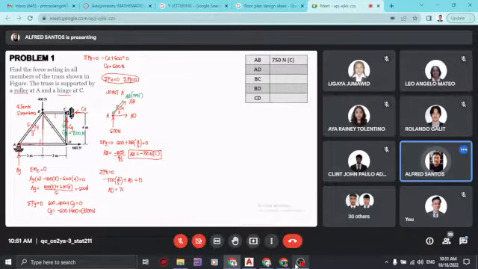It is 750 times 3 over 5 which is equivalent to 450. Okay, so 450 Newton. So positive yung lumabas, so it is a tension member. Okay, so this is your AD. So 450 Newton tension.